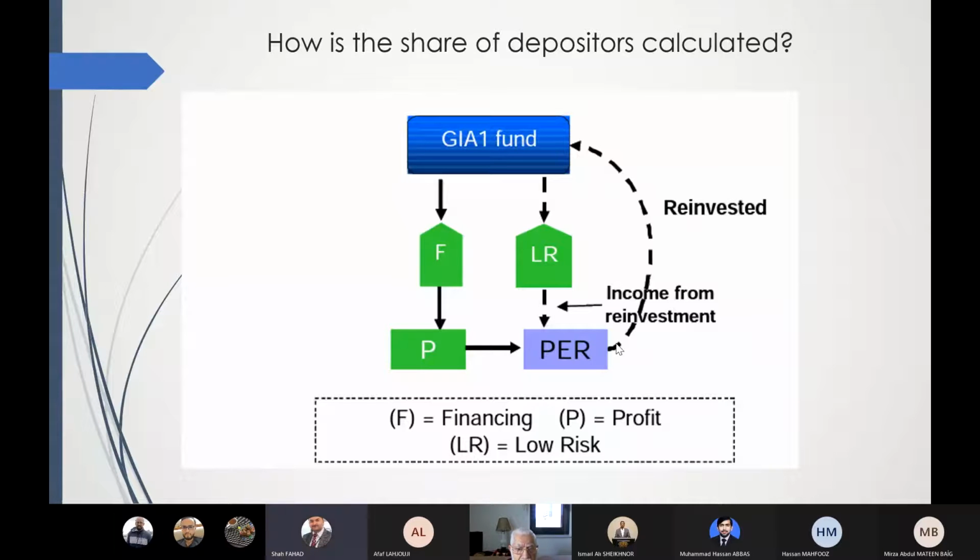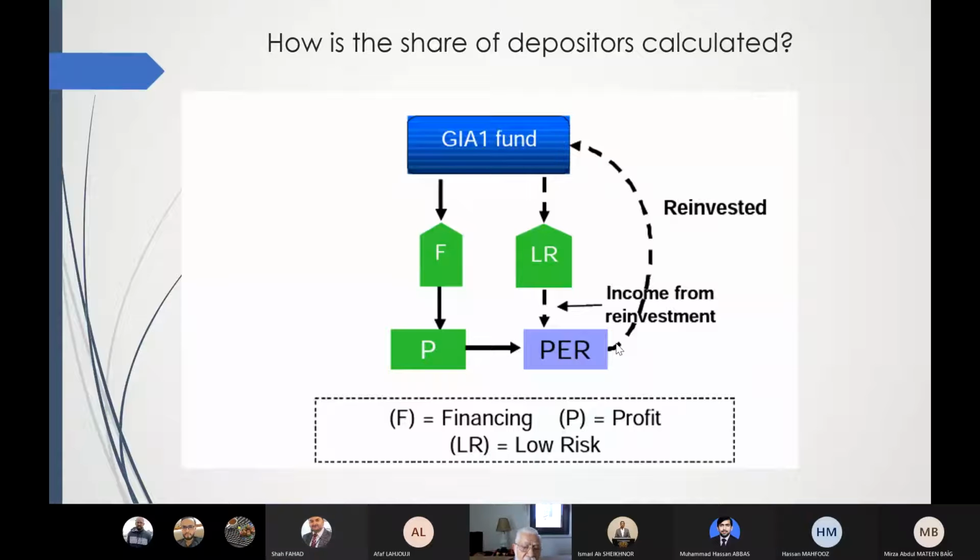For example, if the banks are getting a lower rate than the market, then they are compensating them and making the rate at par, which is basically displaced commercial risk, using this PER. Yeah, probably this arrow doesn't mean that the PER goes there or belongs there. It is only when it is used for supporting the low income. Yes, that's why I think they use the dotted line, that it may use it.